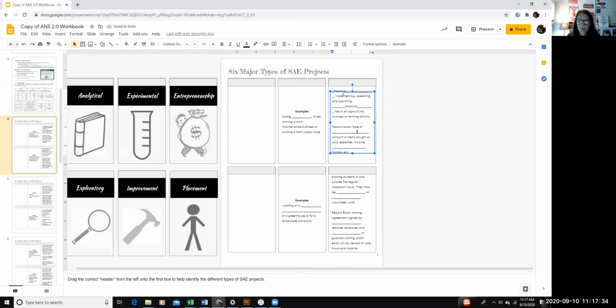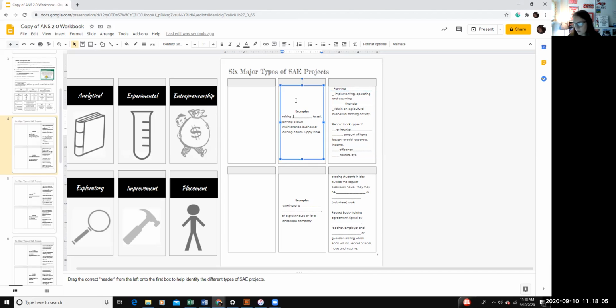And then the record book type of enterprise. Amount of items bought or sold, expenses, income, efficiency factors, etc. For this blank, it would be efficiency factors.